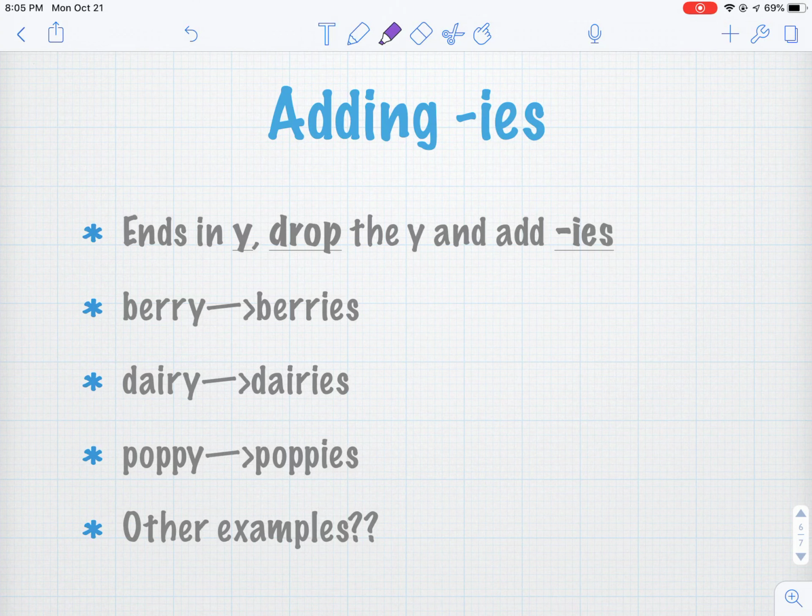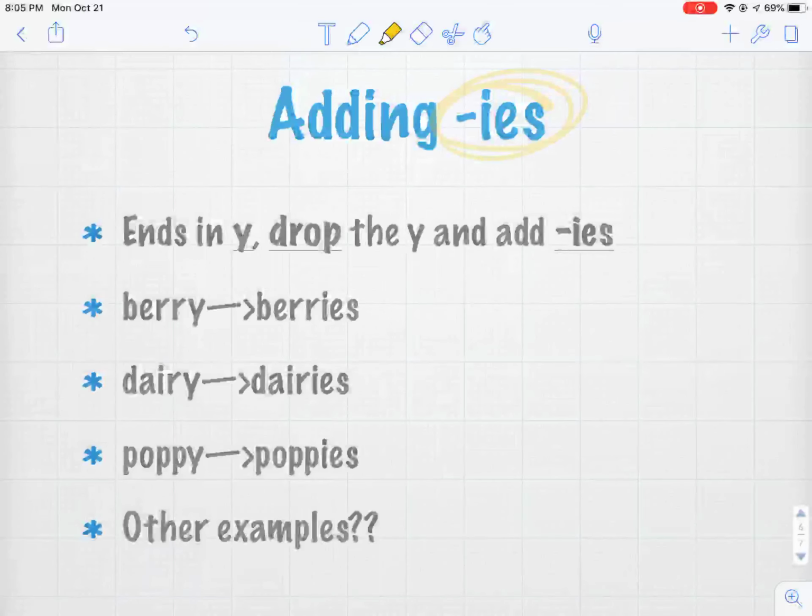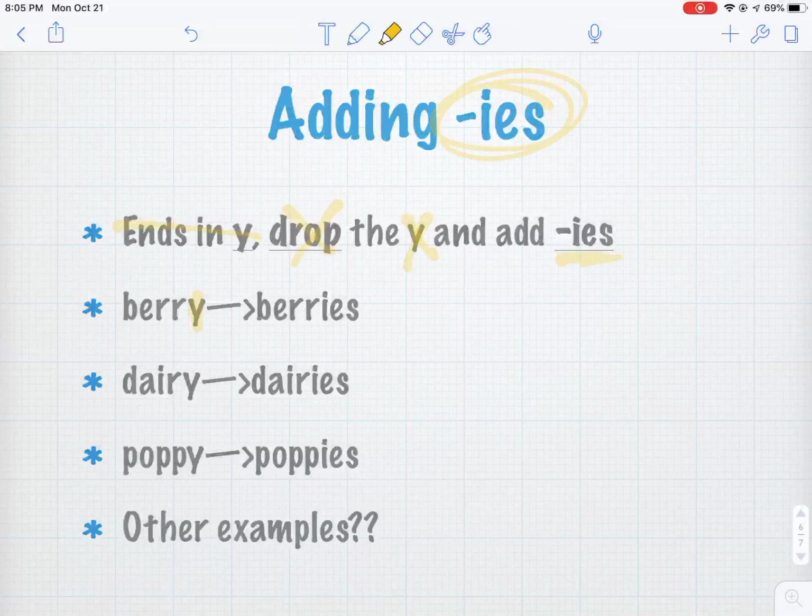Now, I know you know this one because we've taught this a lot since you were kids. This is adding IES. If a noun ends in a Y, you drop the Y and add IES. So for example, berry ends in a Y, so we drop the Y and add IES. Same with the word dairy, two dairies, and poppy, two poppies.